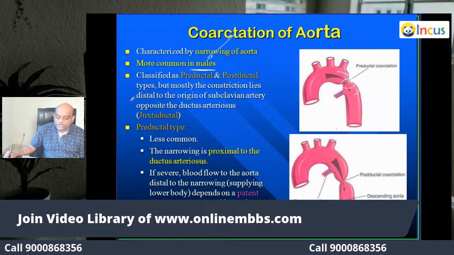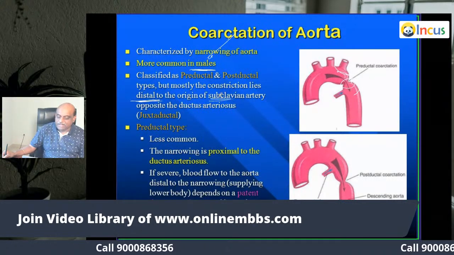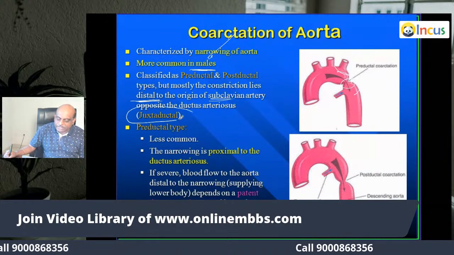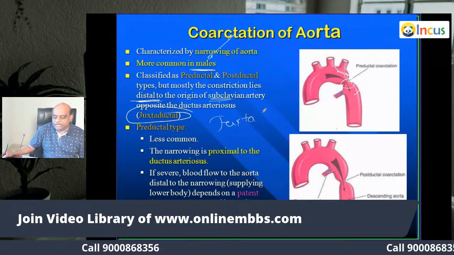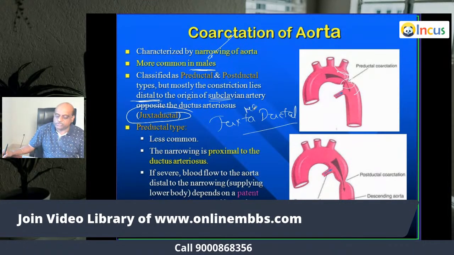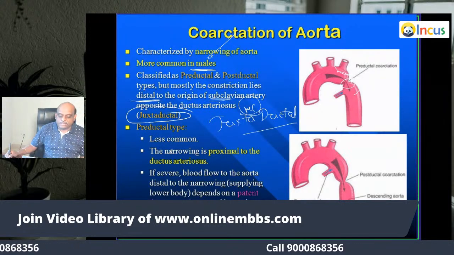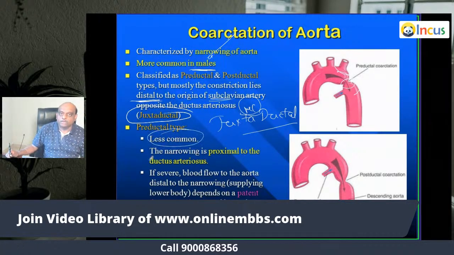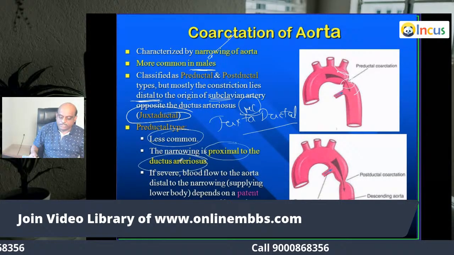But mostly constriction lies distal to the origin of the subclavian artery opposite the ductus arteriosus. That's the reason it is called juxtaductal. Juxtaductal is most common. Preductal is less common, where the narrowing is proximal to the ductus arteriosus.